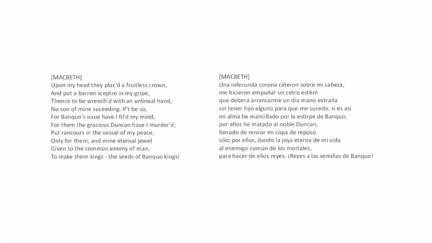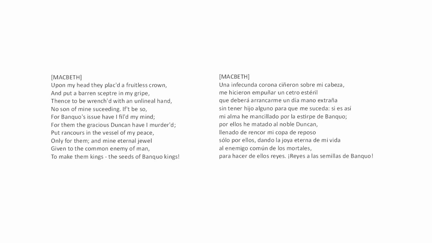Certainly, one of the reasons that Macbeth wants Banquo and his son killed is his sense that "upon my head they have placed a fruitless crown and put a barren scepter in my grip, thence to be wrenched with an unlineal hand, no son of mine succeeding. If it be so, for Banquo's issue have I filed my mind.